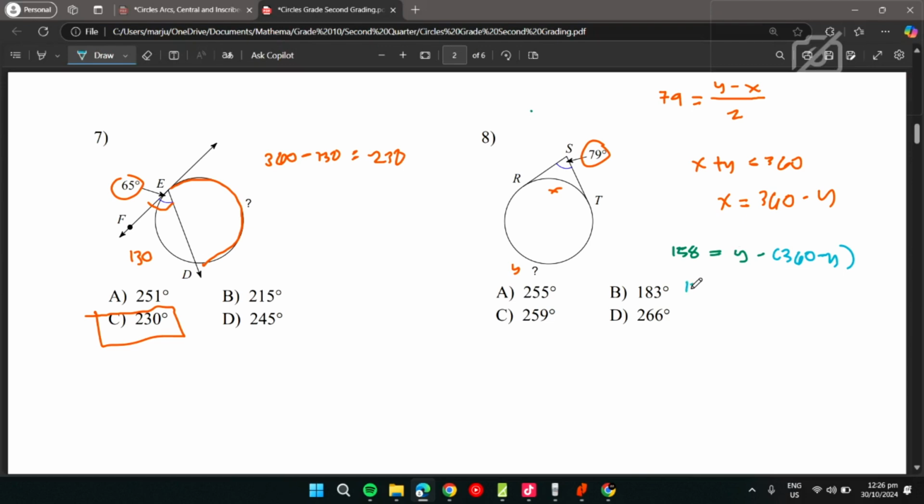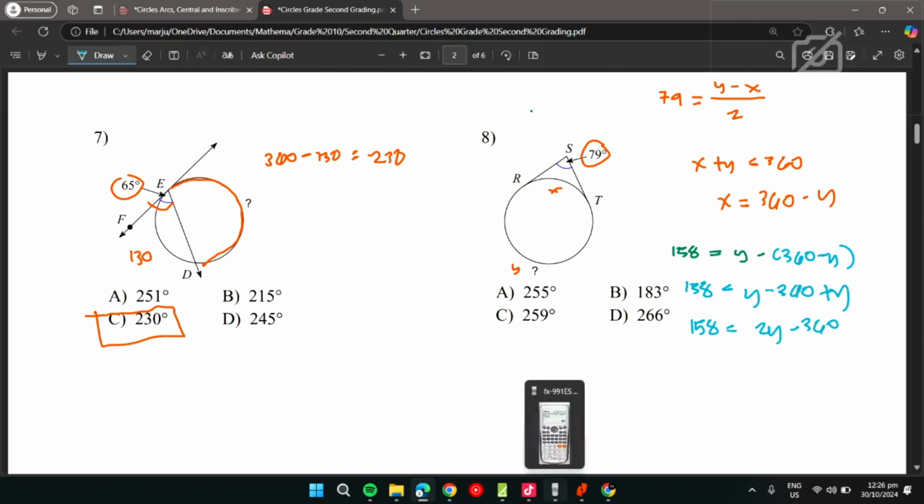This becomes 158 is equal to Y minus 360 plus Y. So meron ako ditong 158 is equal to 2Y minus 360.